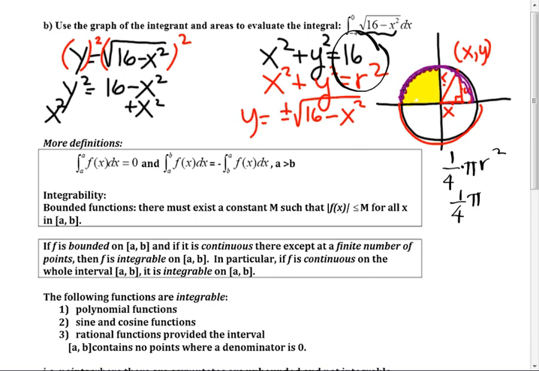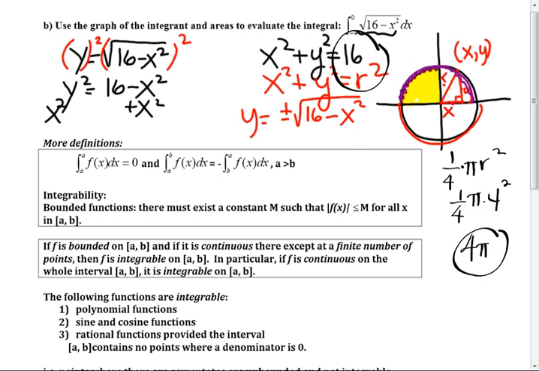Not 16, it's 4. So it's 4 squared, so you're right if you said 16 for that. And what does that simplify to give you? 16 divided by 4 is 4, so 4 pi. See, when you see circles on there, you're going to say, oh, yes, I can just do geometry. Integrating that with calculus, by the way, is really hard. We won't even tackle it. You have to recognize that that is a circle.